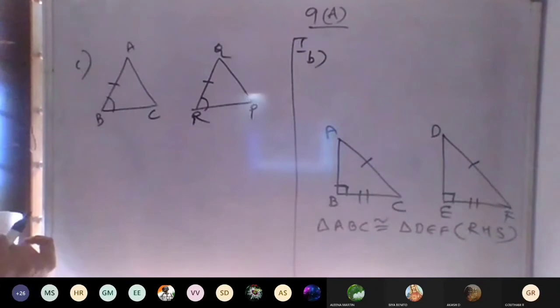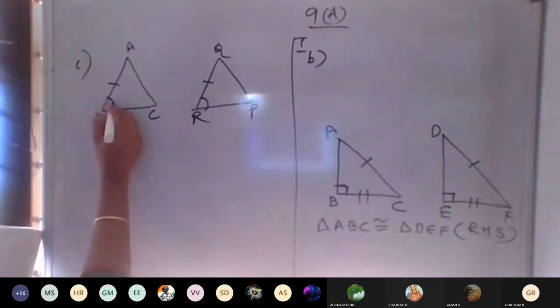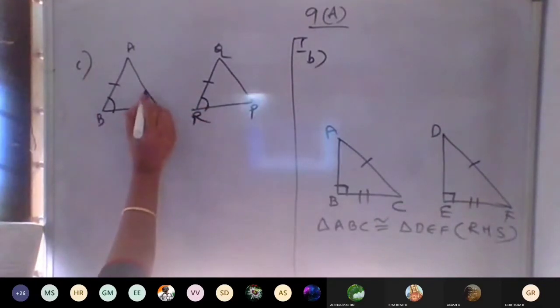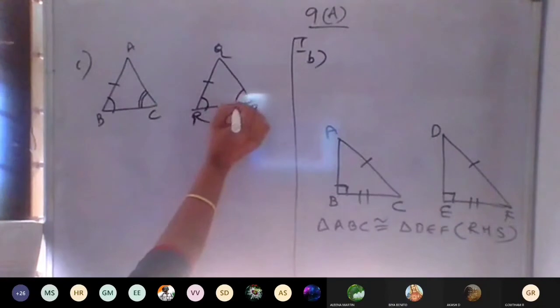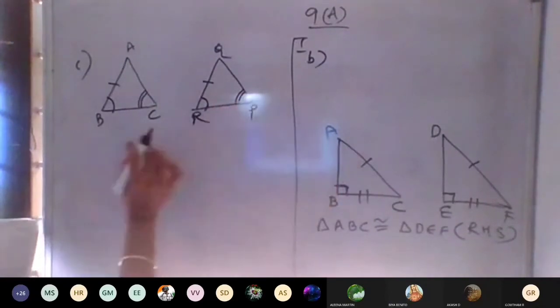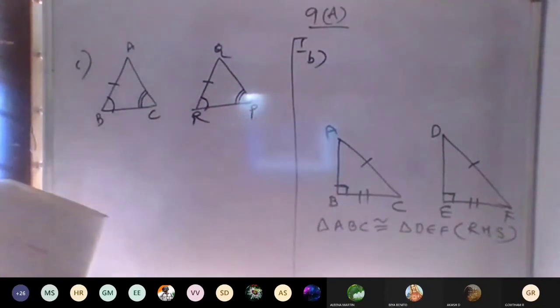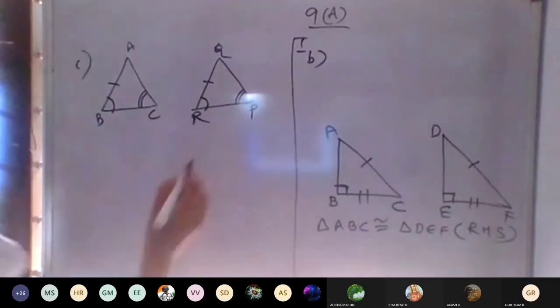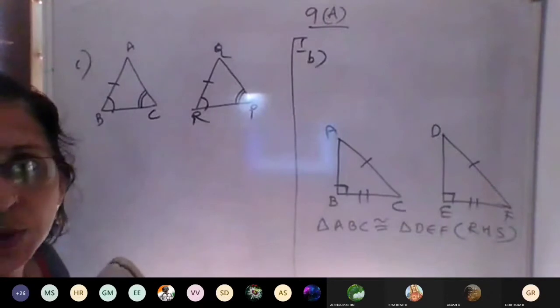Angle B is equal to angle R. Angle C is equal to angle P. Same way, if you are marking one line for angle B and angle R, you should write which one? Two lines, same as for the sides. If you write one line, it means B, C, R and P will be equal. So don't do it that way.